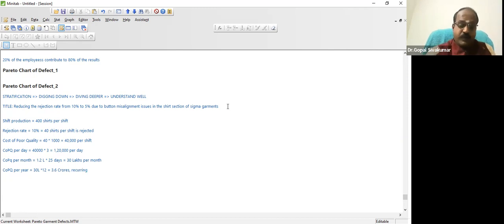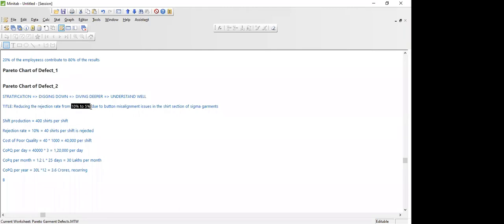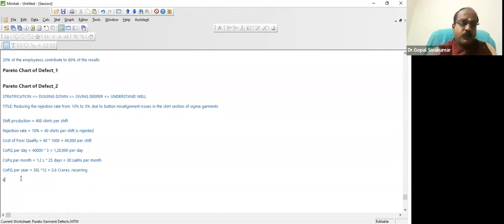And now, if my project is successful, what will happen to the rejection rate? What is the project goal here? 10% to 5%, right? So out of these 3.6 crores, I have the potential to save at least 1.8 crores. Am I right?